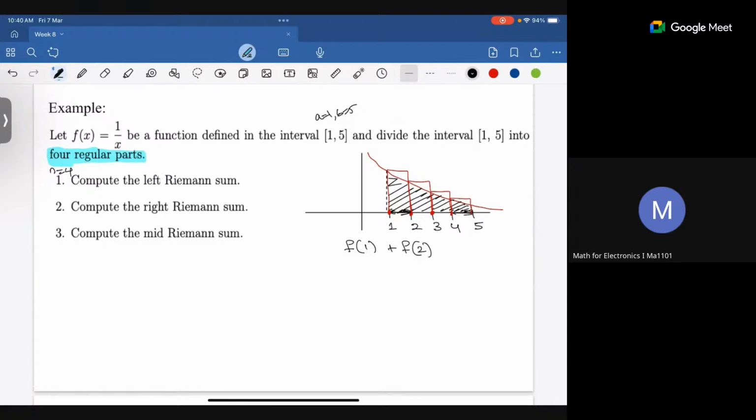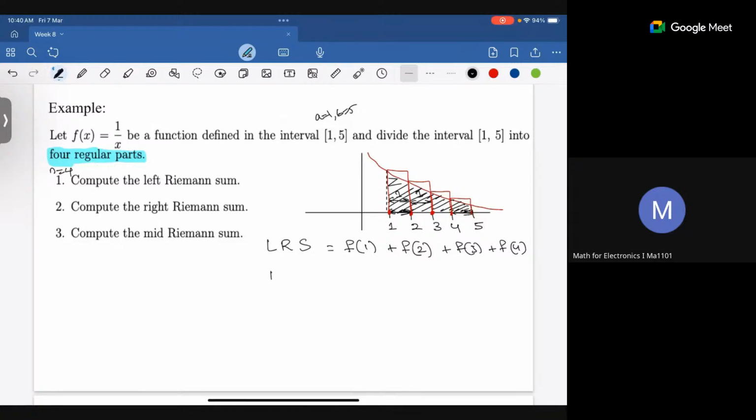Similarly, f of 2 will be the area of the second rectangle, f of 3 will be the area of the third rectangle, and f of 4 is the area of the fourth rectangle. And I have to multiply it with delta, but delta here is 1. So multiplying with 1 doesn't change anything. So this will be the left Riemann sum.